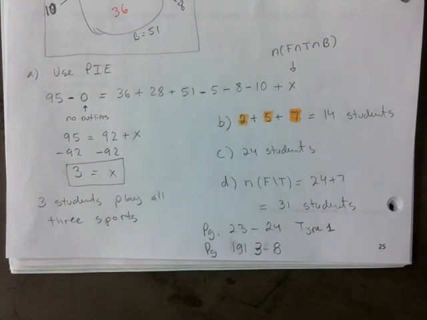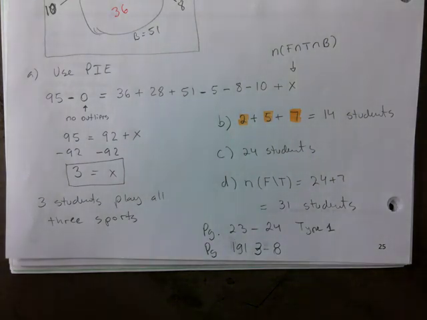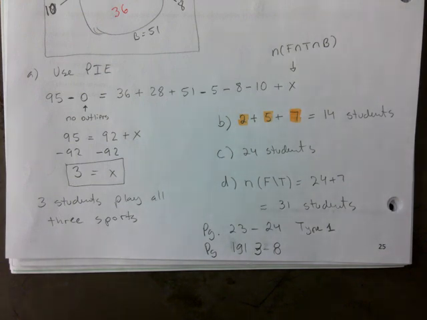191, 3 to 8. I'm just going to double check to see if that jives. If you start from 3, there might be two Venn diagrams only. So I'm going to start at 6.